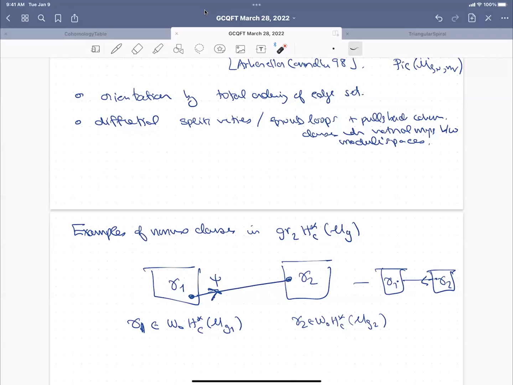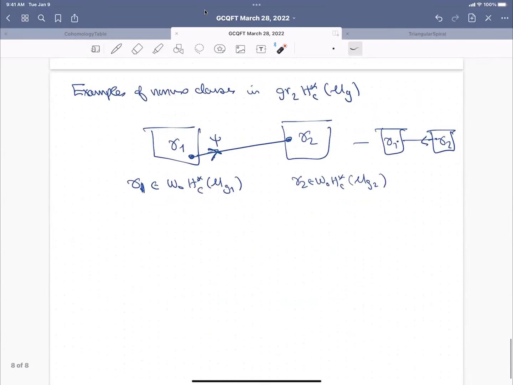And the shift by 4 is a little more subtle. And so, of course, really gamma 1 is a linear combination of graphs, and gamma 2 is a linear combination of graphs. And so you have to extend this by linearity. But if you had a cocycle that was just one graph and one graph, then you would join them. And the wedge 2 comes from the sign convention on the orientations. And of course, that's a sort of graded wedge 2.